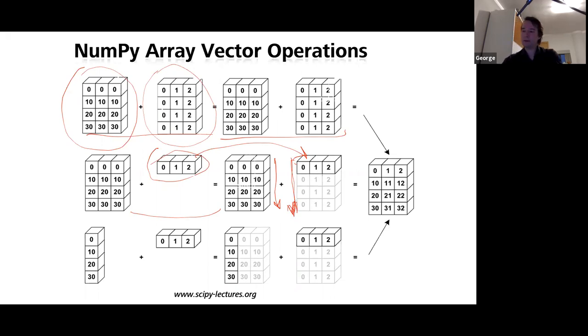Or if you have a vertical array, I'll just write it here somewhere. So if you have like 1, 2, 3, and those are going to be many arrays with 1 element in them.